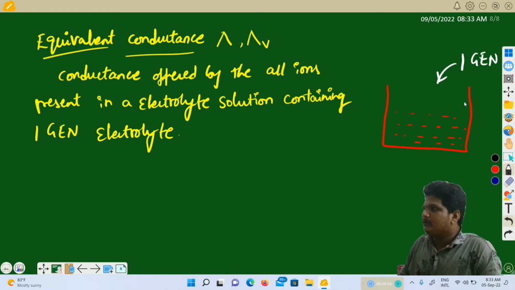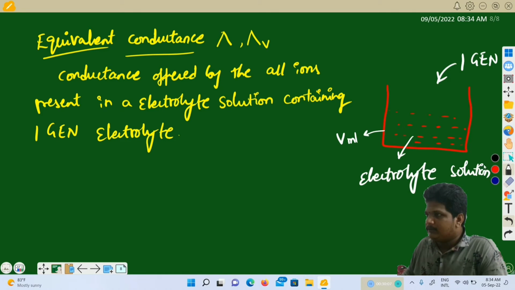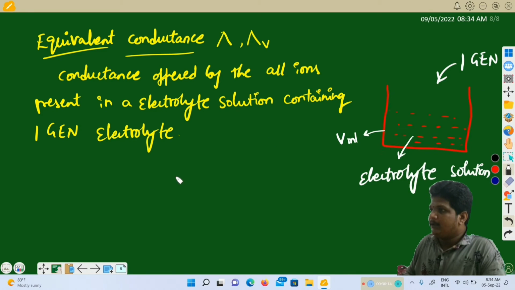Here the volume of this electrolyte solution is V, so V ml of electrolyte solution.